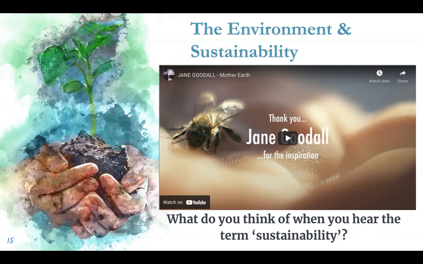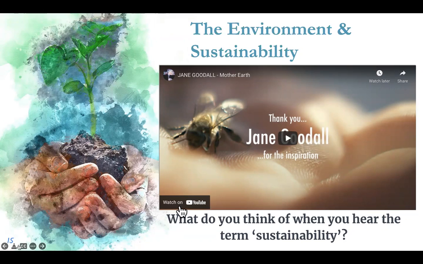Now, the textbook talks about when the term sustainability first started to be used. So the World Commission on Environmental Development in 1987 published a summary called Our Common Future.